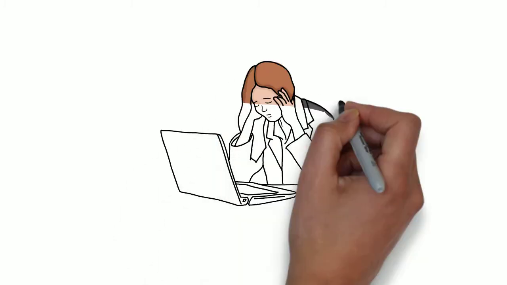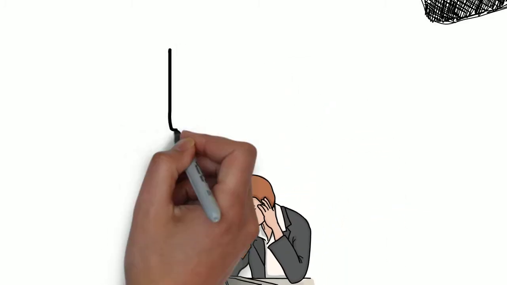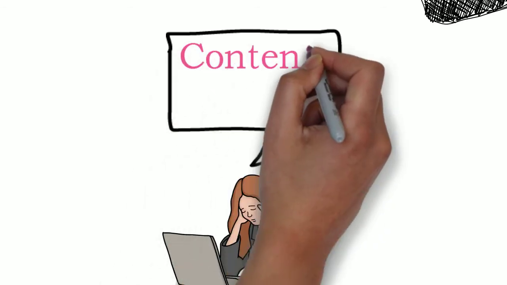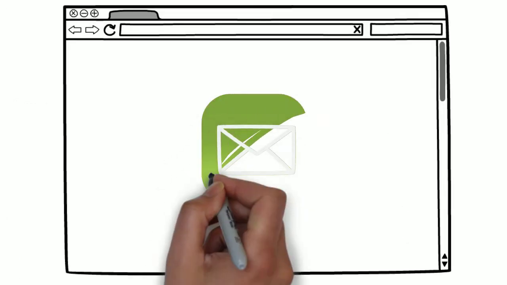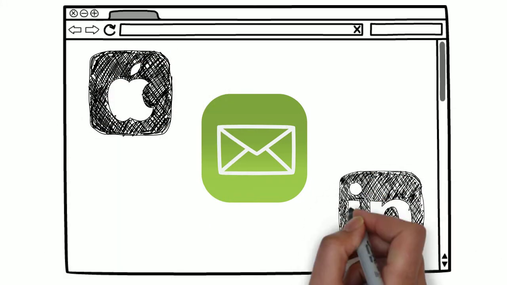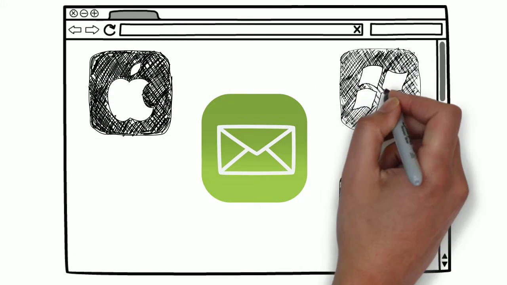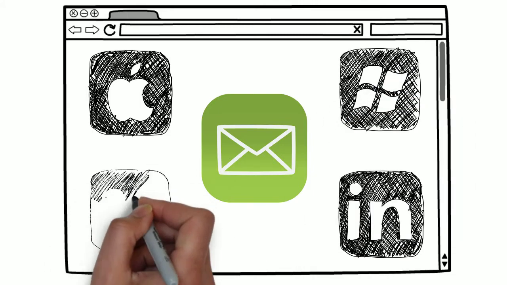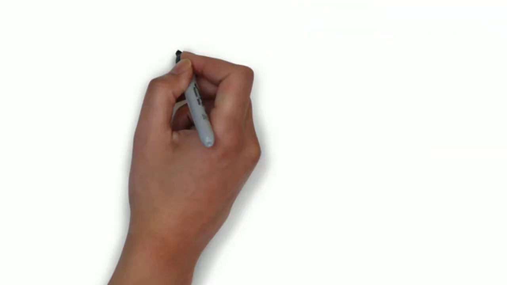We need to find a way to separate the signal from the noise, and this is where content curation comes in. Think about your own email account. How much information flows in from various sites or subscription services that could be interesting or give you something valuable? If only you could be sure that reading it would be worth the investment of your time.